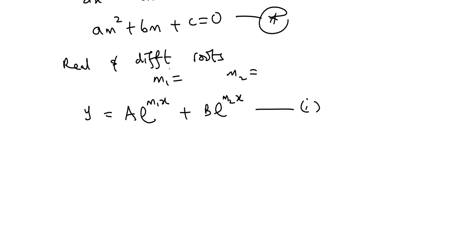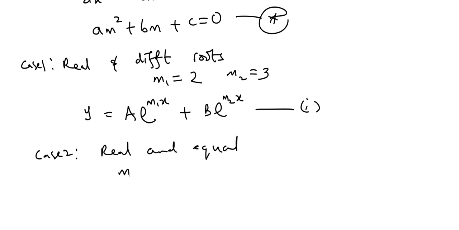So this is case 1. Case 2, you can have the case whereby you have real and equal roots. So what if your roots are real, but they are equal? m1 equals 2, m2 also equals 2.